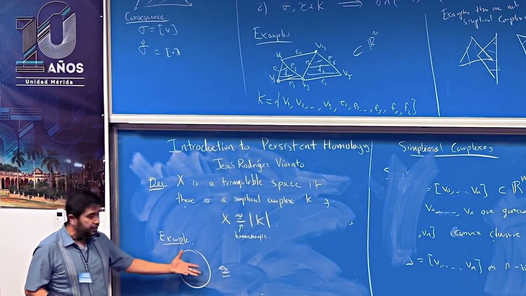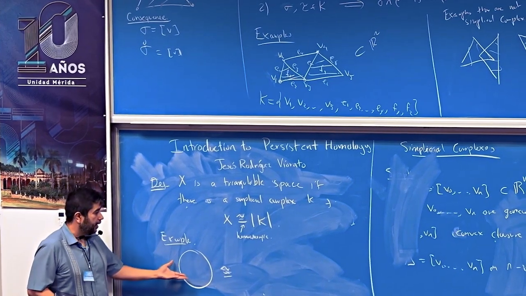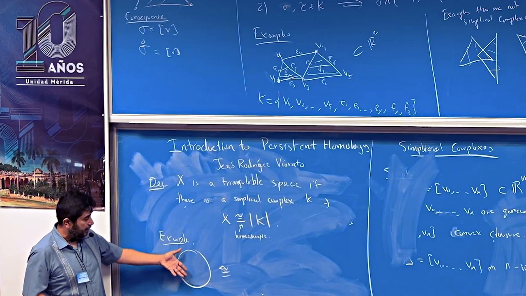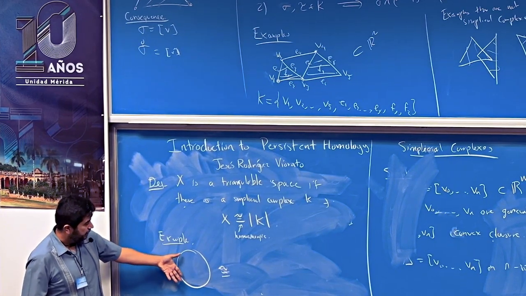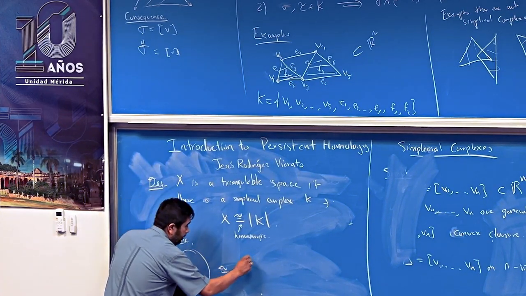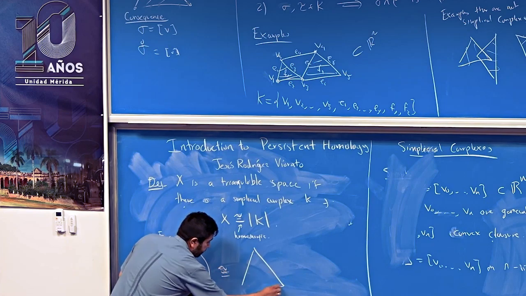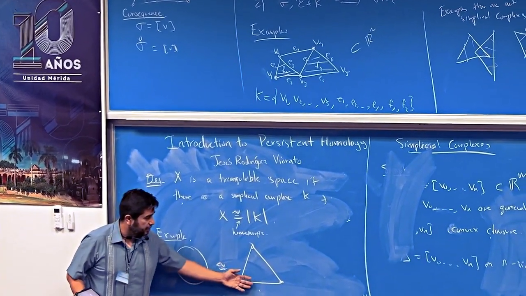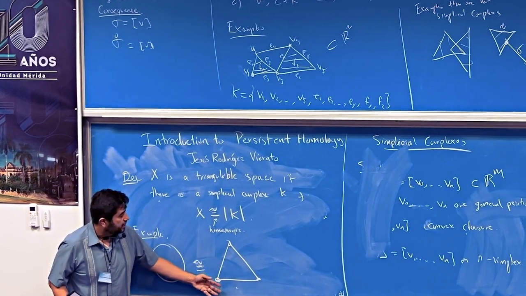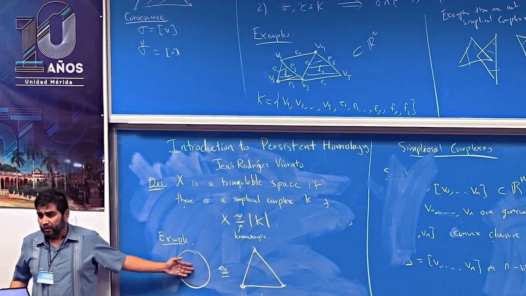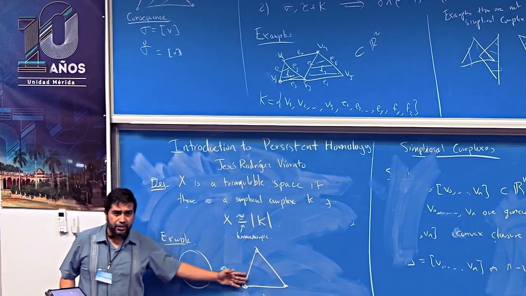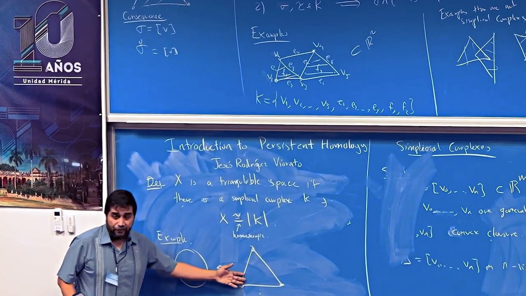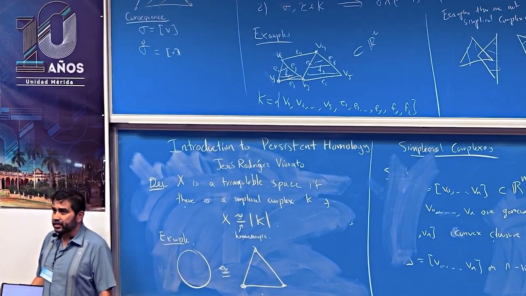So if you have a circle, this circle is not a simplicial complex as it is drawn right now. But if you just draw some lines, like for example this, this is the triangulation of the circle. And so this is the simplicial structure given to the circle, because these two spaces are homeomorphic. These are the same as topological spaces.